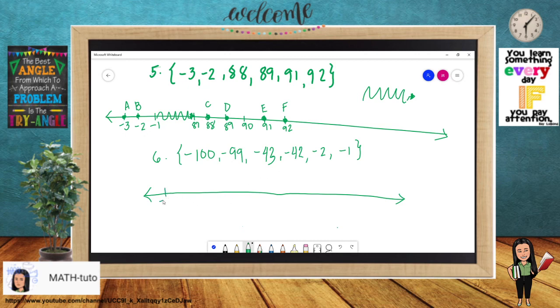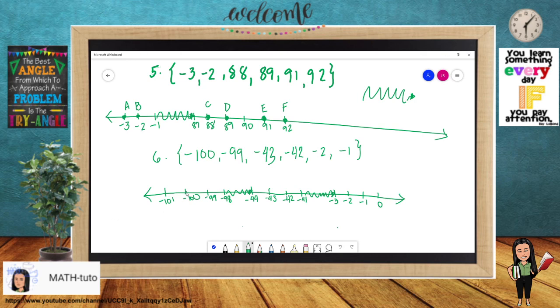So, we have here negative 101, negative 100, negative 99, negative 98. Let us break the line. And then negative 44, negative 43, negative 42, negative 41. Let us break the line again. Then, negative 3, negative 2, negative 1, 0, and so on.